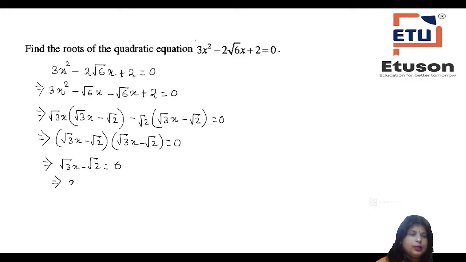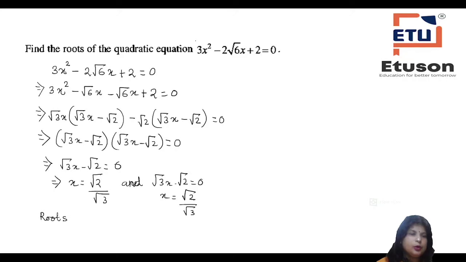You get x is equal to root 2 divided by root 3, and again putting root 3x minus root 2 equal to 0, you get x is equal to root 2 divided by root 3. So what are the roots of the equation?